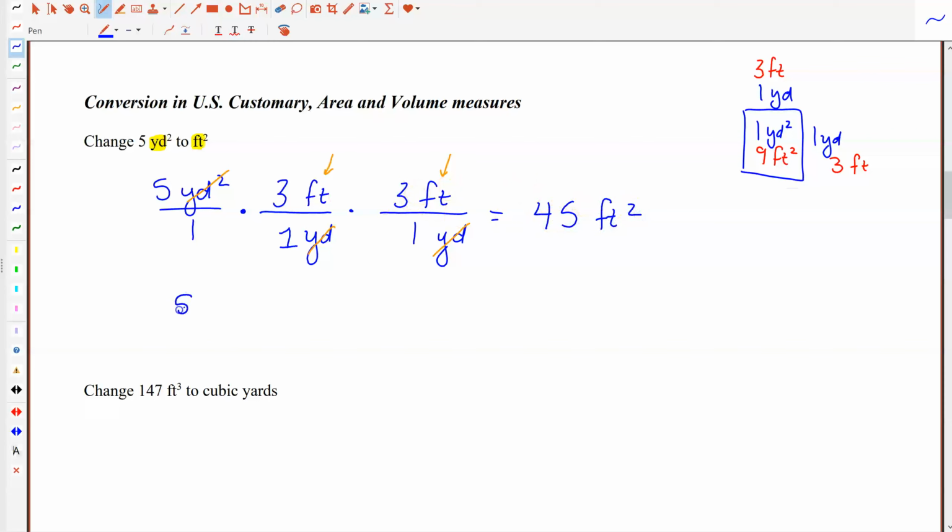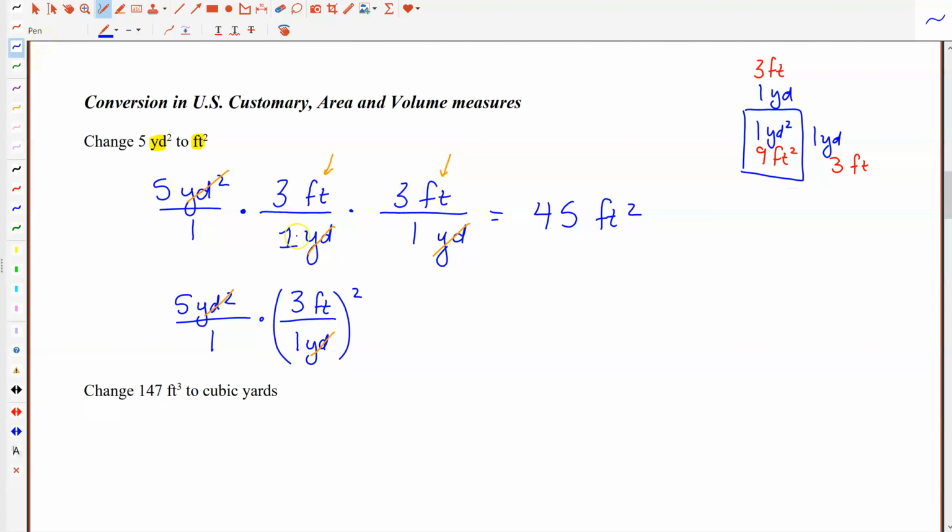Now if you realize that you're going to have 2 of these 3 feet to 1 yard conversions, you could set this up as just one fraction, 3 feet to 1 yard as your conversion factor, and then you could just square that. So the square yards right here would cancel with the square yards that you'd get down here, because that would be yards and then squared. And then you would have 5 times 3 squared, or 5 times 9. You'd still get 45 square feet for your final answer.